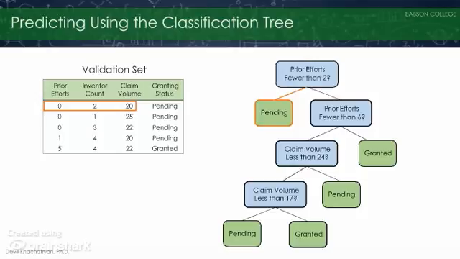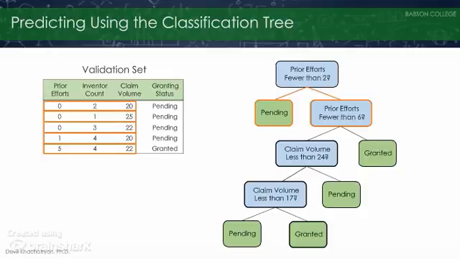In fact, that's also the fate for the next 3 applications from the validation set, because each of them has less than 2 prior efforts. So they all will end in the same terminal node. And when we get to the 5th and last application from the validation set, we see that it has 5 prior efforts, and therefore we'll move to the right from the root node.